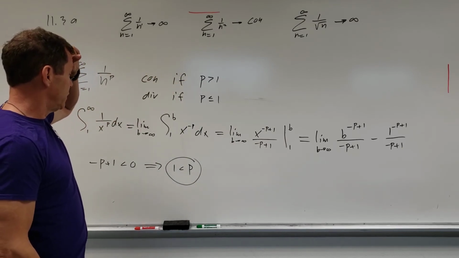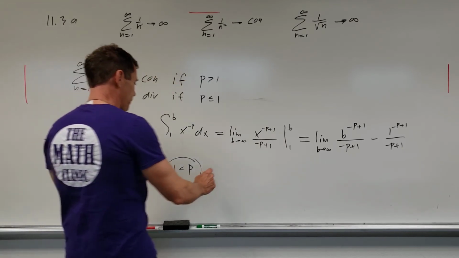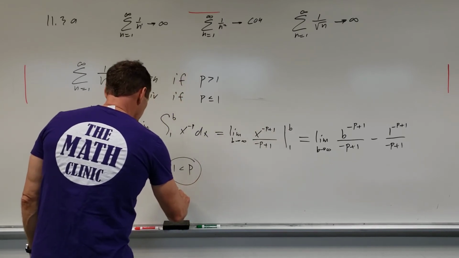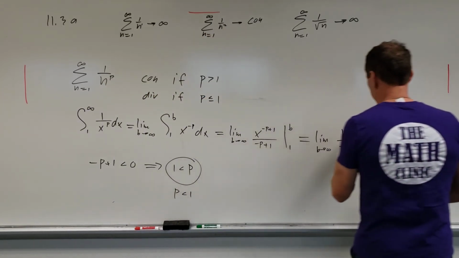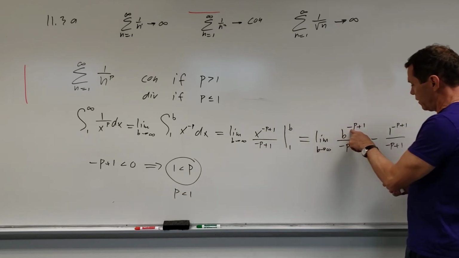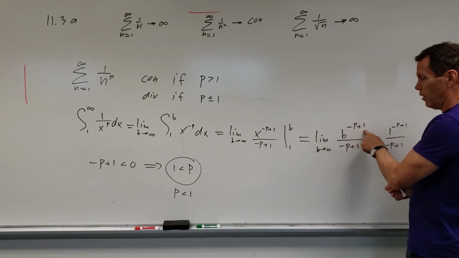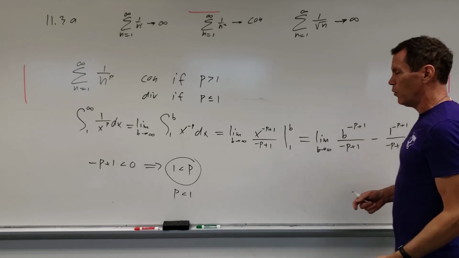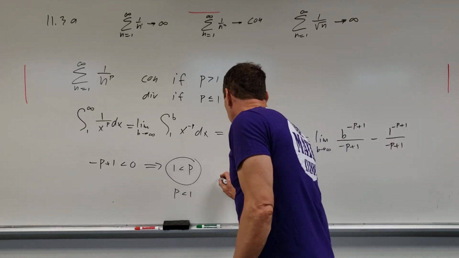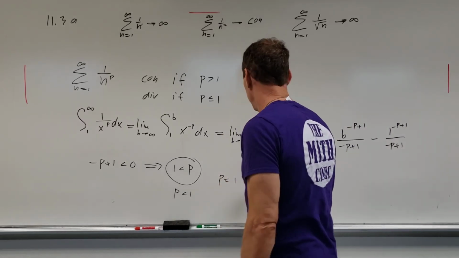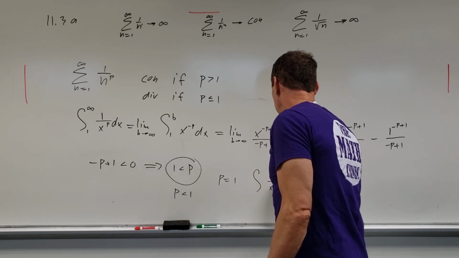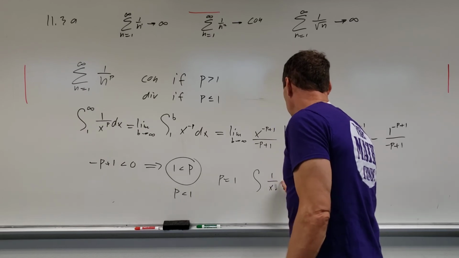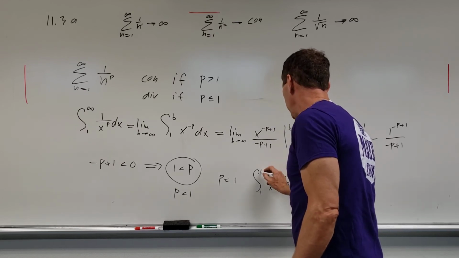Now, if p is less than 1, like a half, that's going to be a positive number, and so this thing is going to blow up. What happens if p is equal to 1? I'm going to get the integral from 1 to infinity of 1 over x to the p, which is 1, dx.